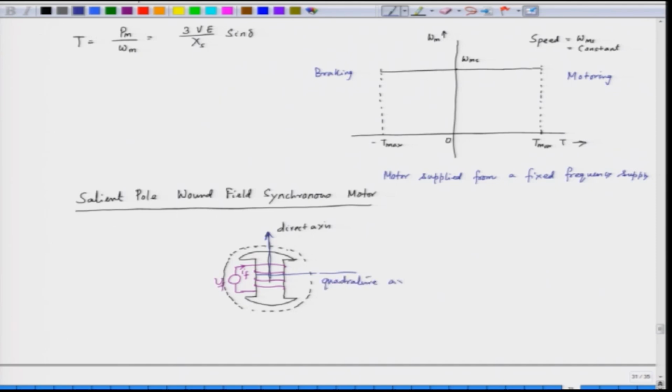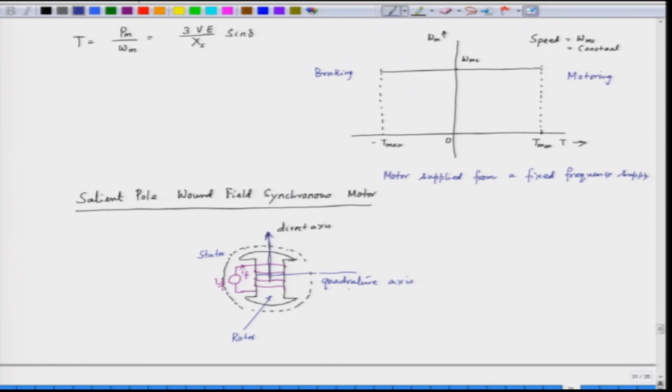We can see here that the air gap is less in the direct axis. So, this is our rotor, and the stator inside is a cylinder. Here the air gap is less along the direct axis and more along the quadrature axis.